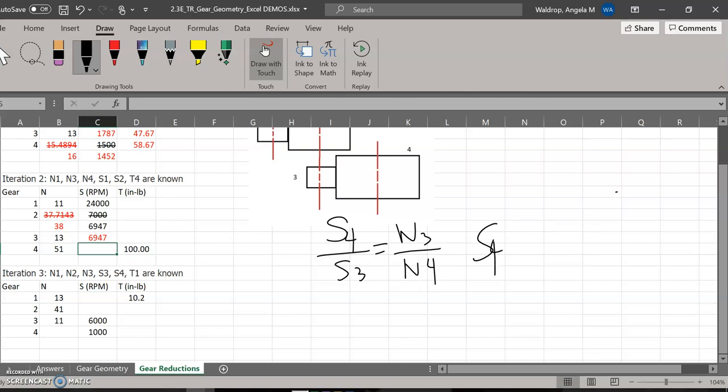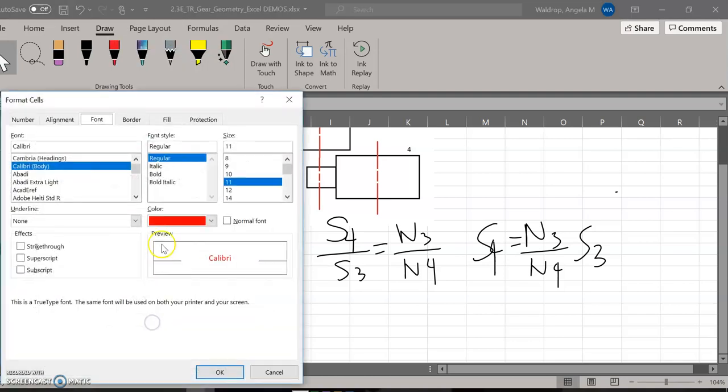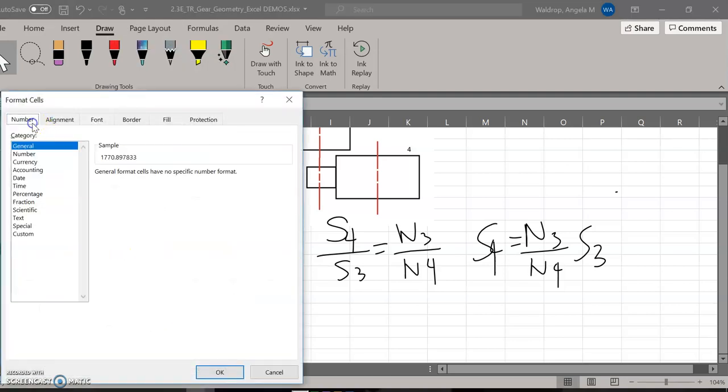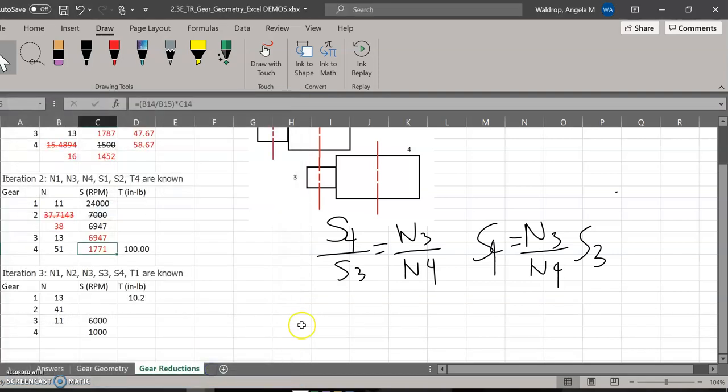And I'm going to solve here: N3 over N4 times S3. Equals my N3 divided by my N4 times my S3. And there is my speed. Now I'm going to round this to whole numbers, no decimal places there. And there we go.